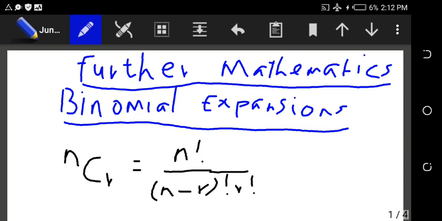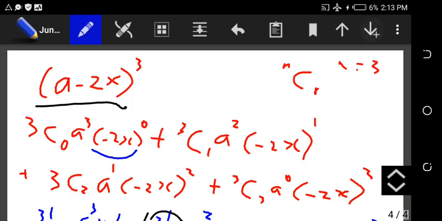Where you have a coefficient and a term, make sure you enclose them in a bracket and allow the power to also affect the terms that you have in a bracket. When you do that, I'm sure it will come out fine.